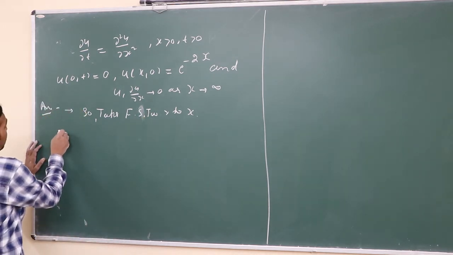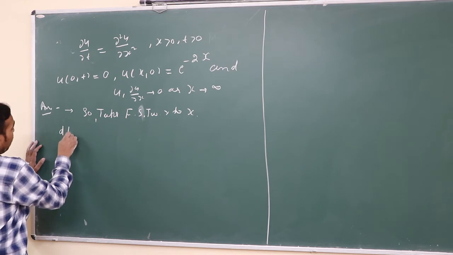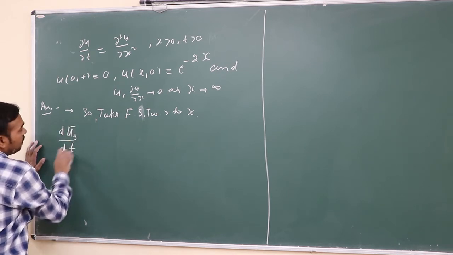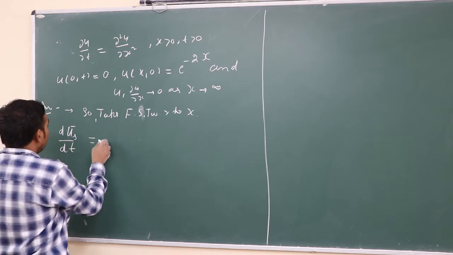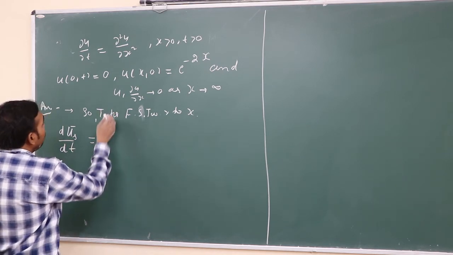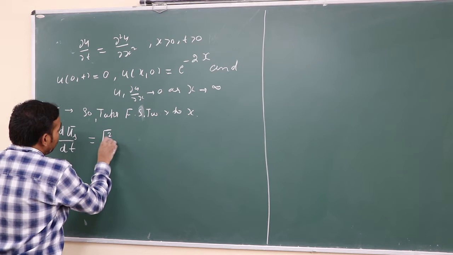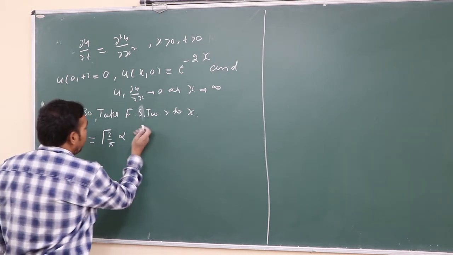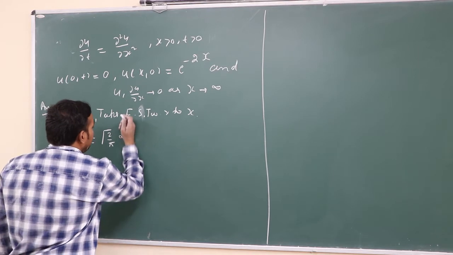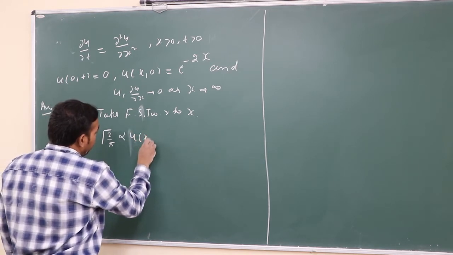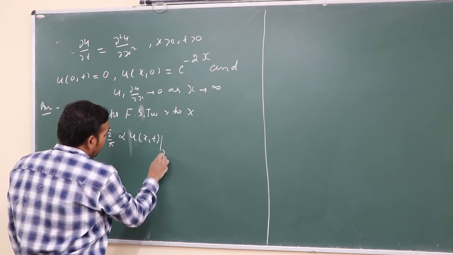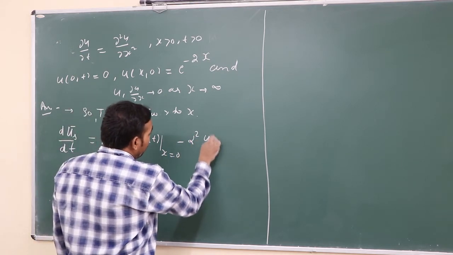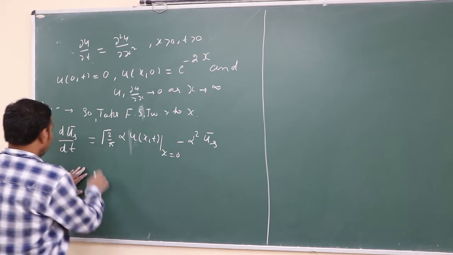So simply write du_s bar upon dt equal to under root 2 upon pi, alpha times the value of u(x,t) at x equal to 0, minus alpha square u_s bar.